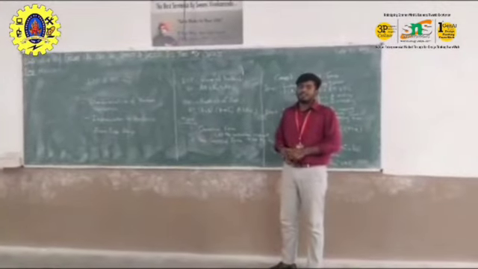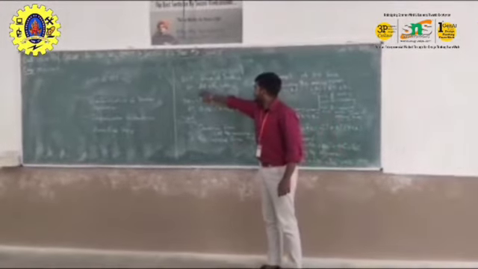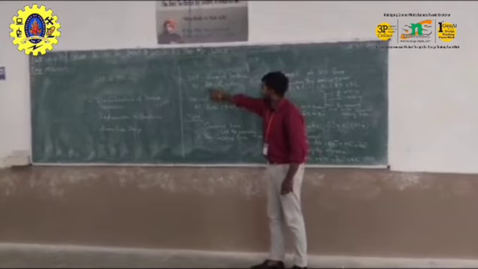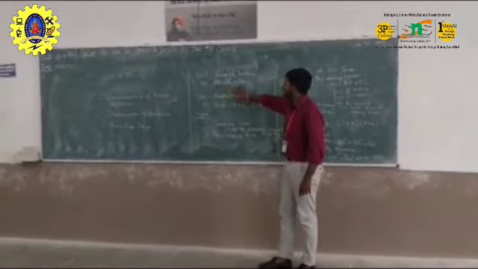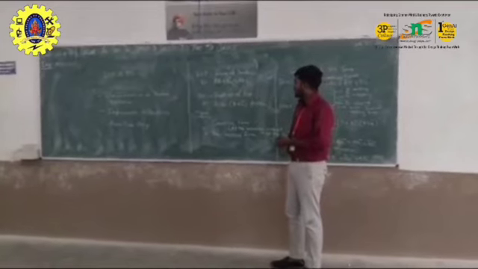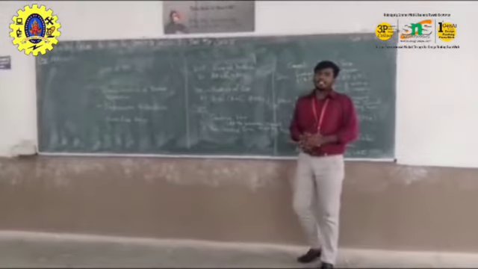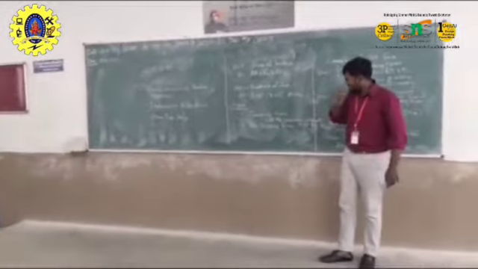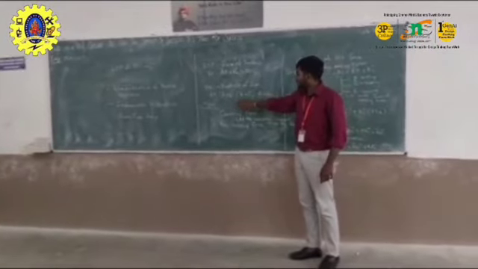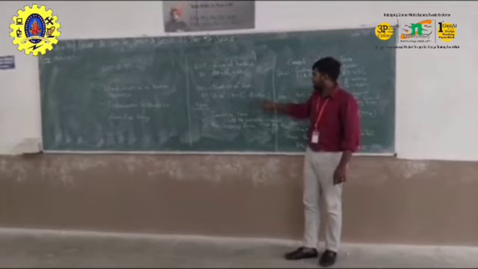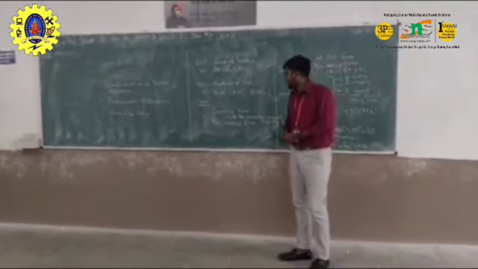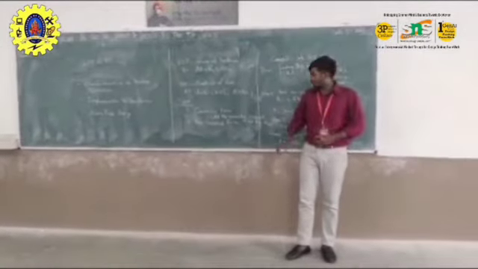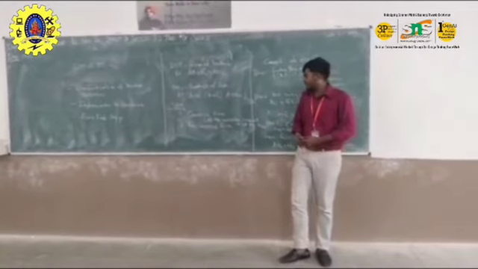It means AB is a product term, and we add such terms together, like AB plus B C bar plus ABC. POS is product of sums. It means we multiply the sum terms: A plus B into B plus C bar into A plus B plus C. There are two types: canonical form and non-canonical form. In canonical form, all the variables are present in all terms. In non-canonical form, the variables may or may not be present.